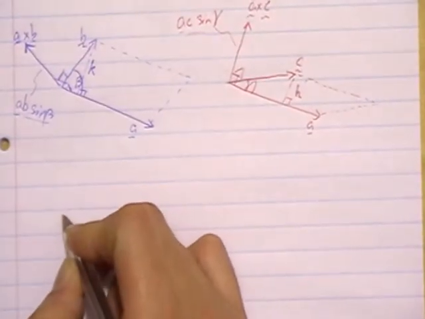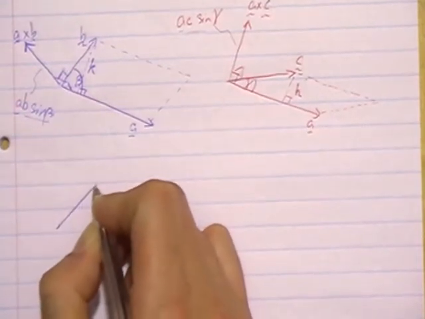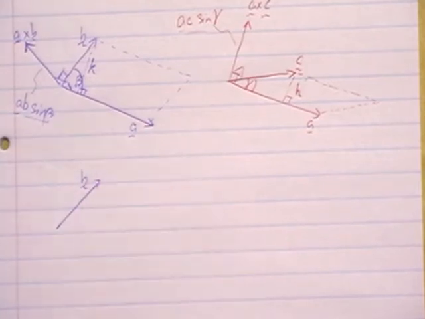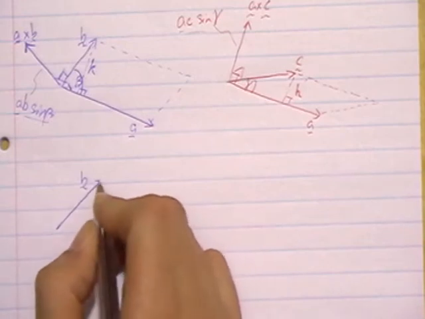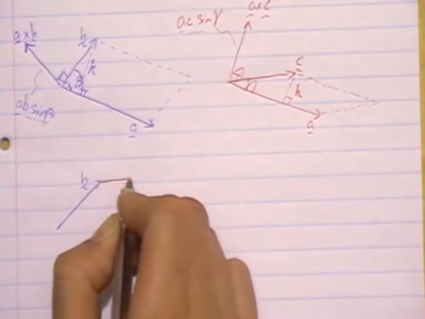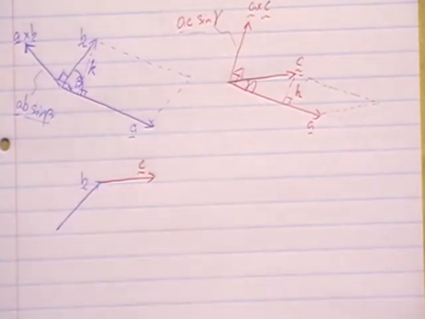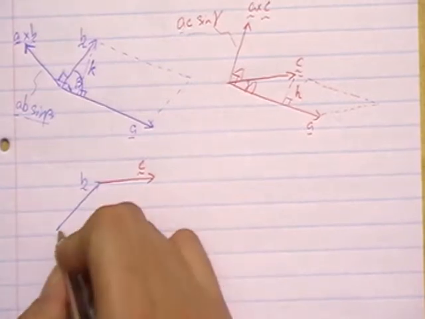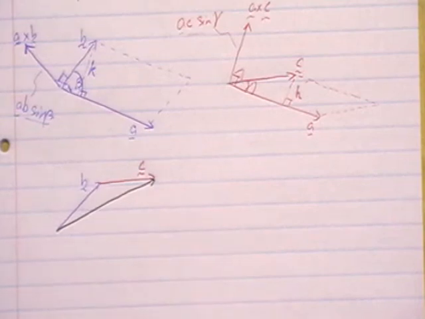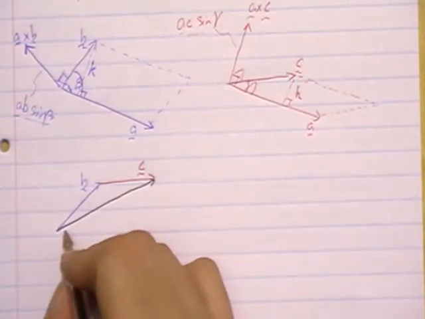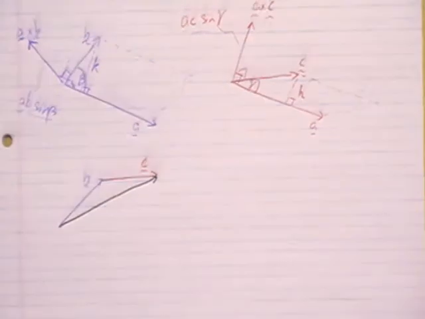If I have B here and I have C from there, if I want to add B to C, I can draw a triangle of addition. That gives B plus C. This would be B plus C. Okay, this would be this.